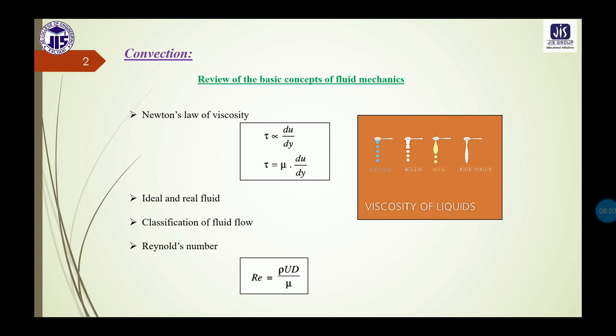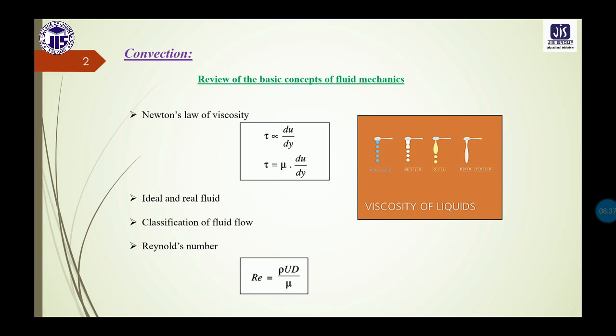Now in case of this viscosity, there was one law that we have studied earlier, which is known as Newton's law of viscosity. So what was that Newton's law of viscosity? It is the statement that the shear stress is proportional to the rate of shear strain or shear deformation.